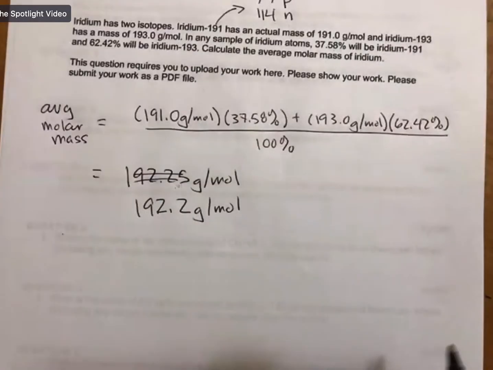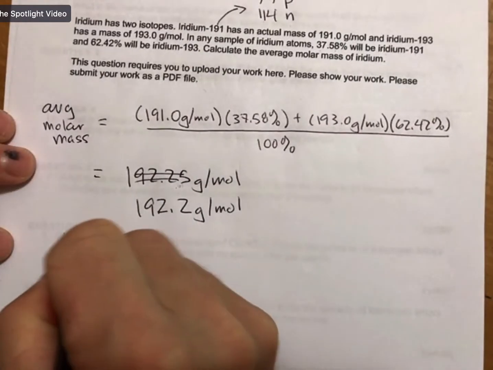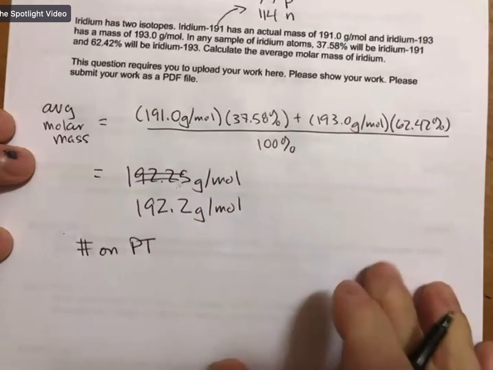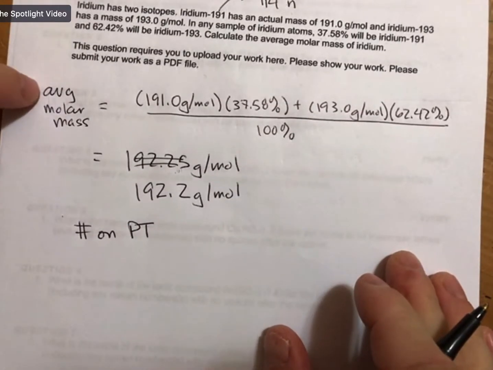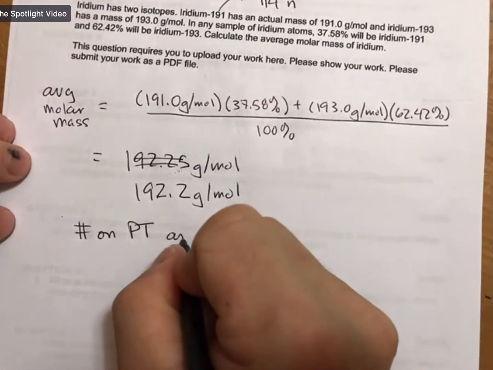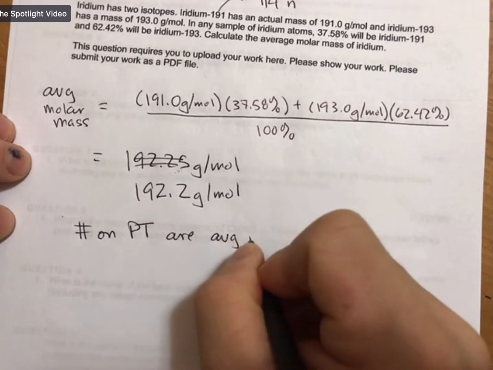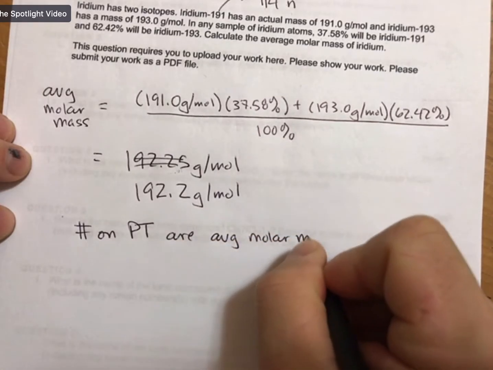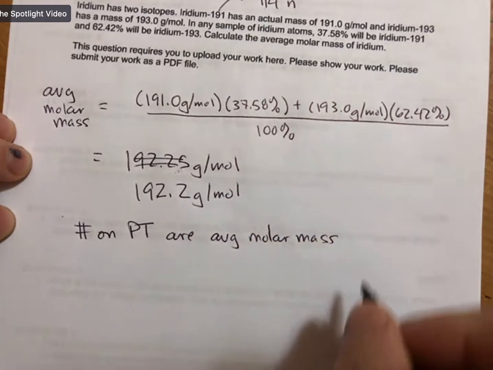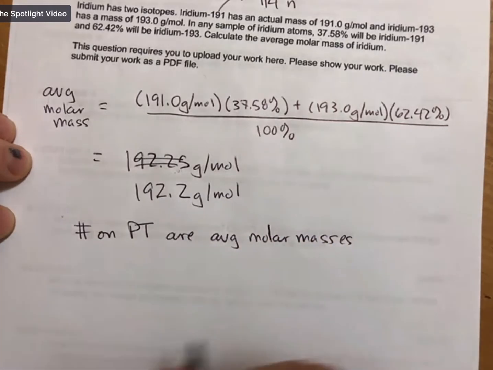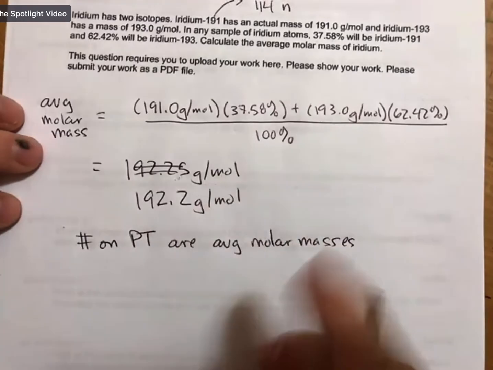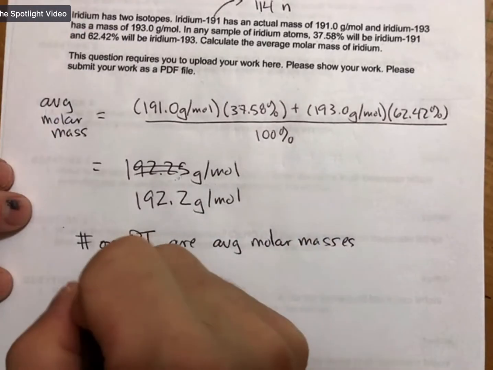The numbers on the periodic table are the average molar masses averaged over all naturally occurring isotopes.